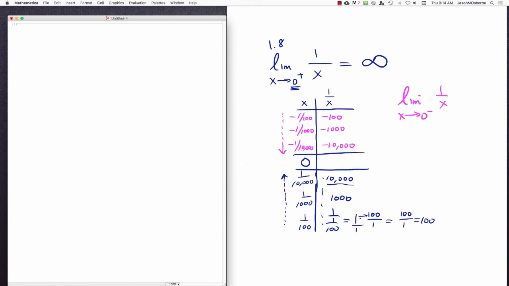So I'm seeing that as x gets closer and closer to 0 from the left, this function seems to be getting negative a really big number. And that's what we mean by negative infinity for the limit value. Those two values are clearly not the same, and so definitely we're going to say that the limit as x goes to 0 of 1 over x does not exist.